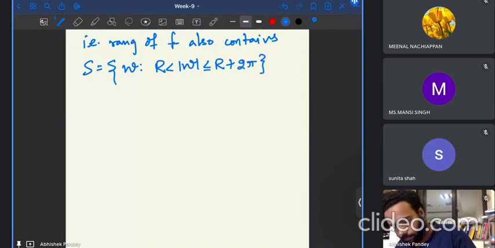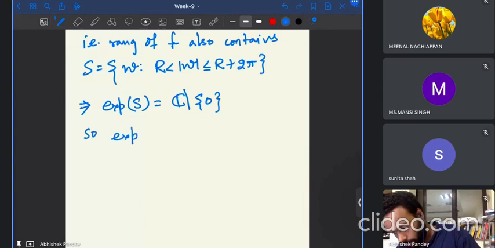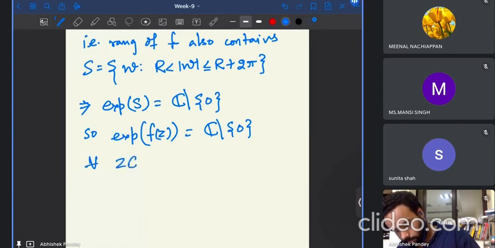The exponential of this set is nothing but C minus 0. What does it mean? That the range of exponential of f(z) will be C minus 0 itself for every z belonging to this set.